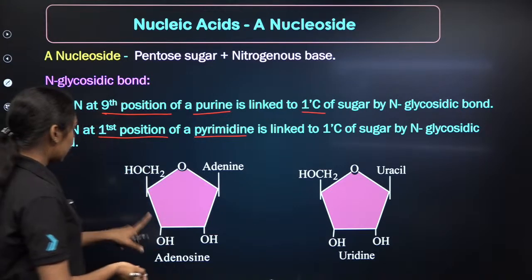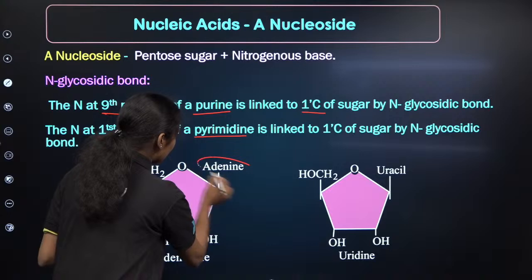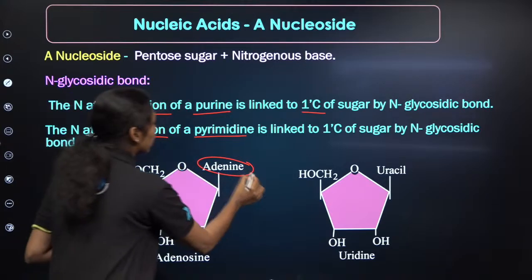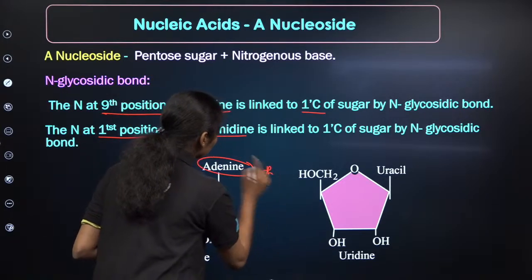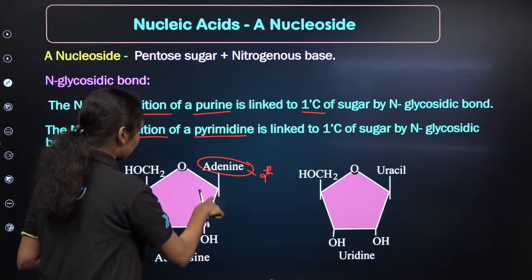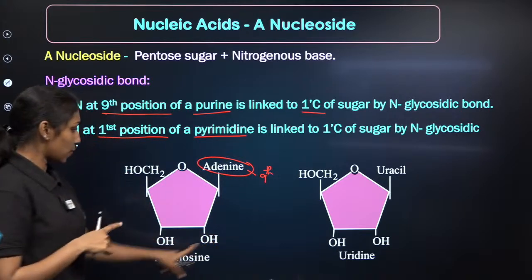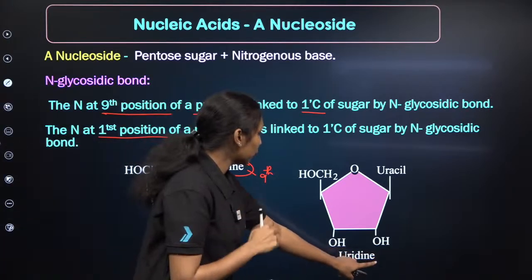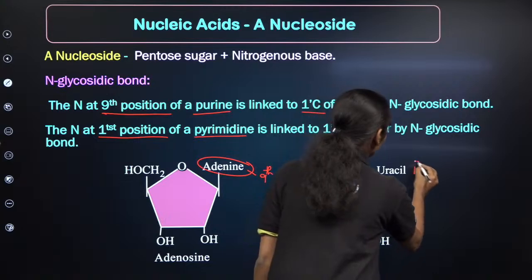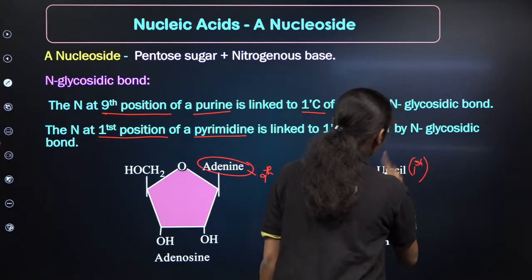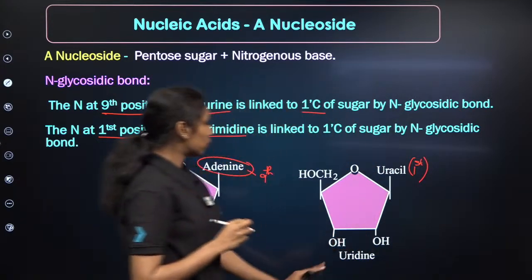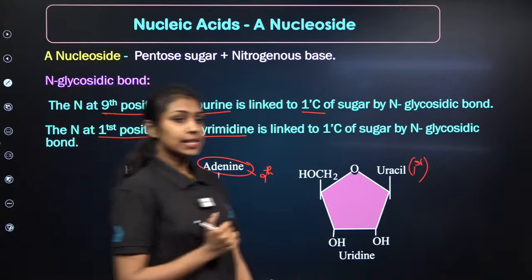Clear? So here it is adenine, which belongs to the purine bases. The 9th position of this nitrogenous base combines with the first carbon in adenosine. Then uridine belongs to the pyrimidine group, so the first nitrogen in uracil binds to the first carbon of the sugar in the case of uridine. Is that clear now?